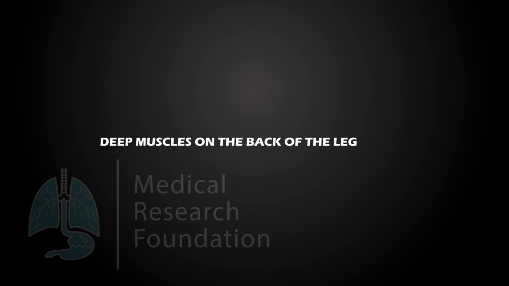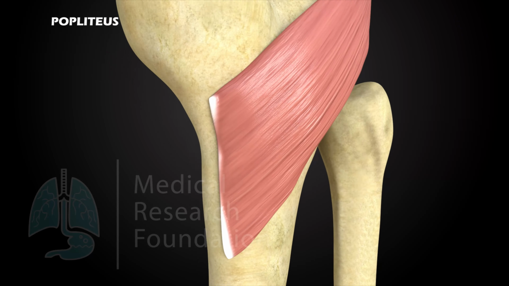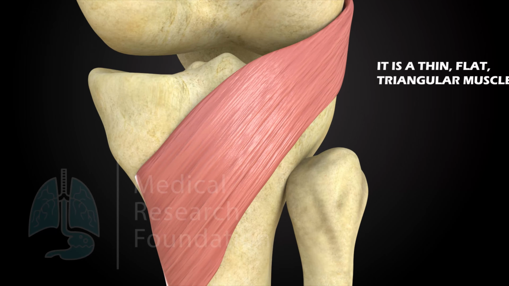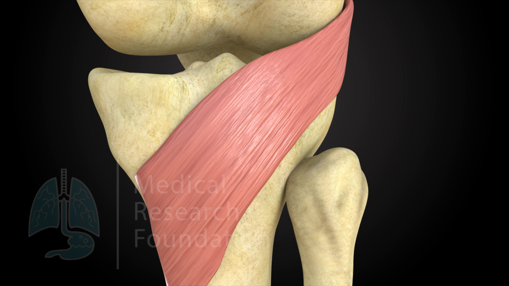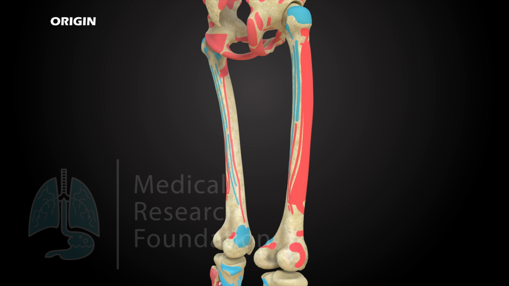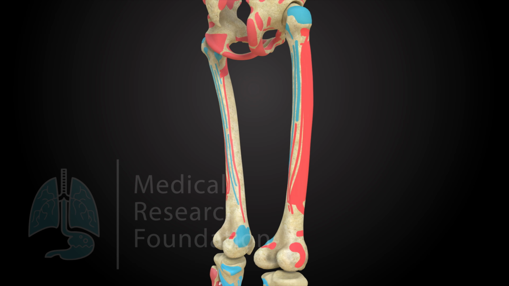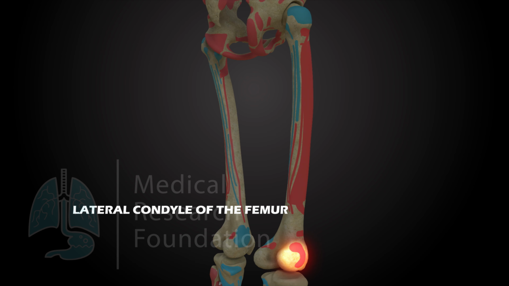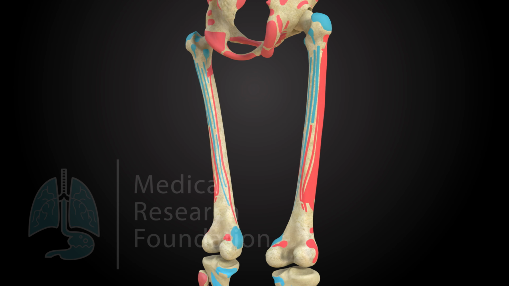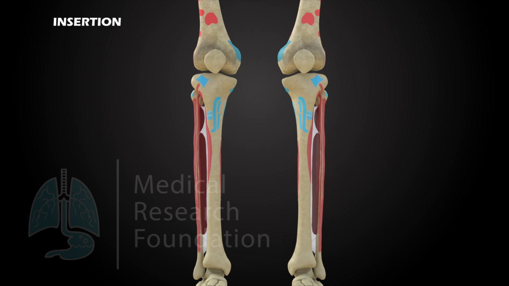Deep muscles on the back of the leg. Popliteus. It is a thin, flat, triangular muscle, which forms the inferior part of the floor of the popliteal fossa. Origin. From the deep anterior part of the popliteal groove on the lateral surface of the lateral condyle of the femur. Insertion.